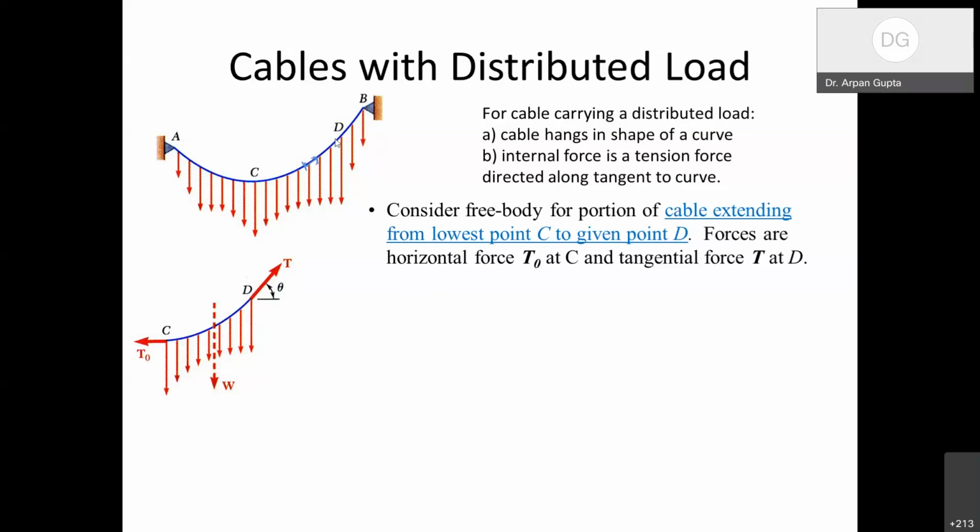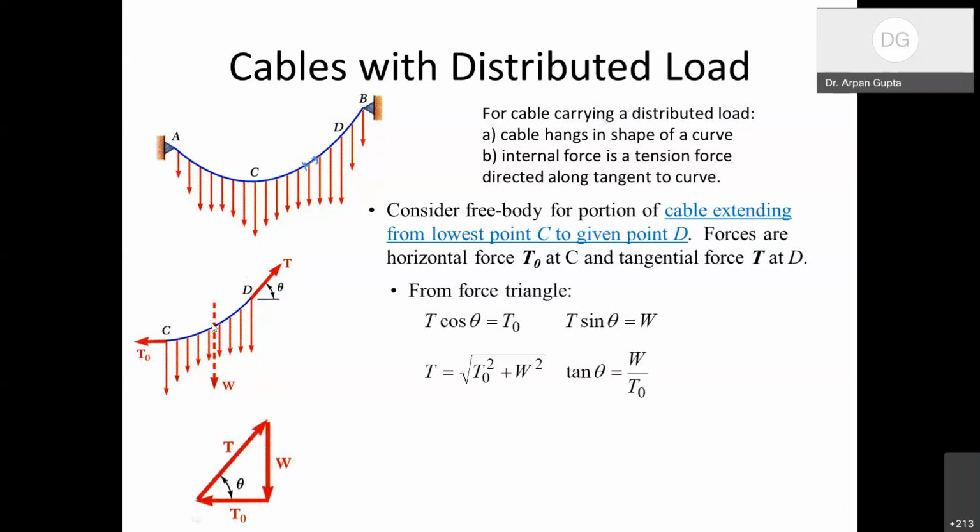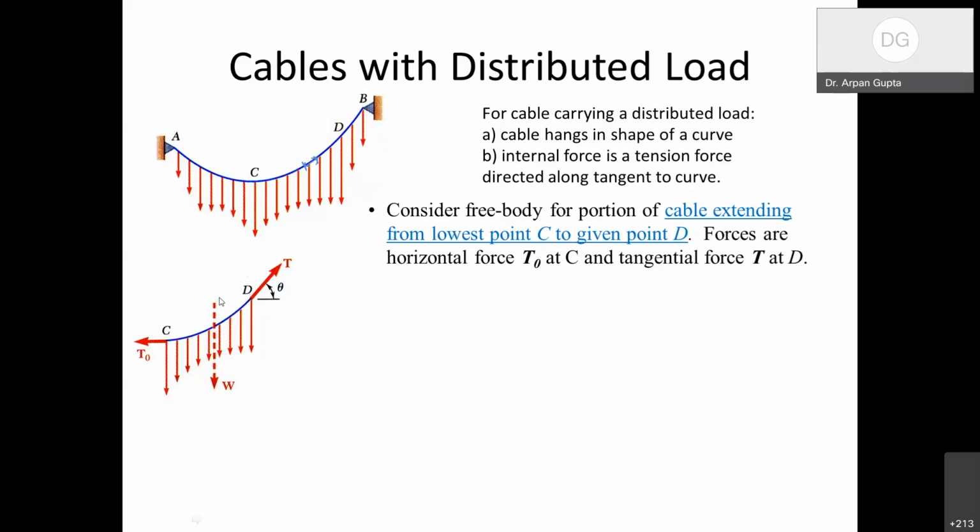And at the other arbitrary point that I've considered, point D, there is a tension T, which is acting along the tangent at point D. Then in between point C and point D, there is a lot of distributed load, and let us say that has an equivalent force W, acting vertically downwards.